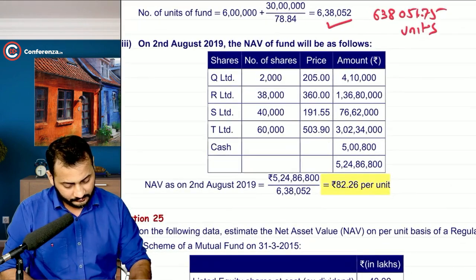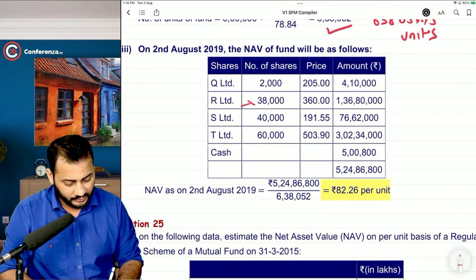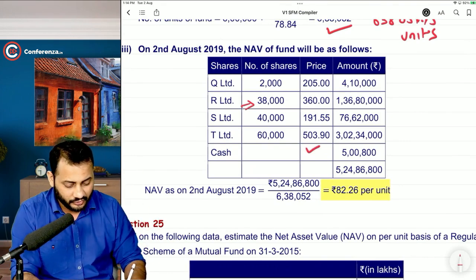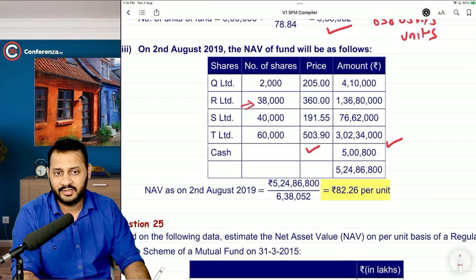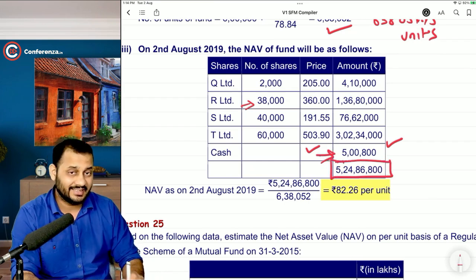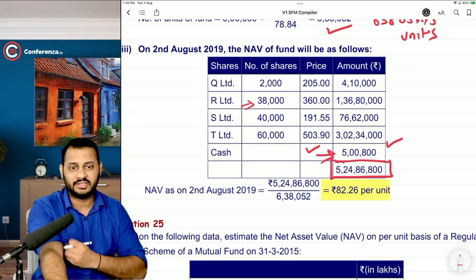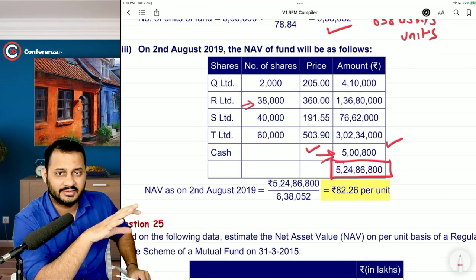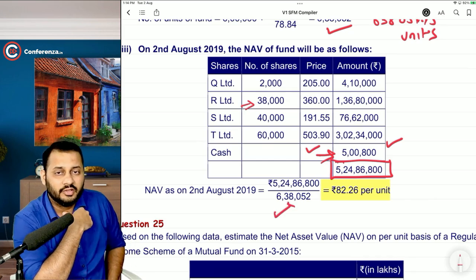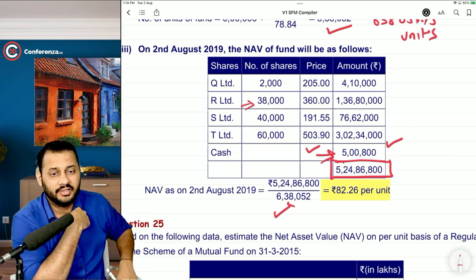You just make 30 to 38,000 for R Limited, the rest of the number of shares are the same. Change all the prices, calculate the new net assets, add cash balance, and the net assets now on the next day, on the 2nd of August, is 5 crore 24 lakhs 86,000 divided by the new total number of units, that is 6 lakh 38,000, and the new NAV will be 82.26.